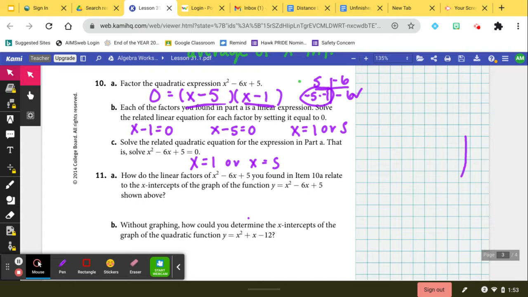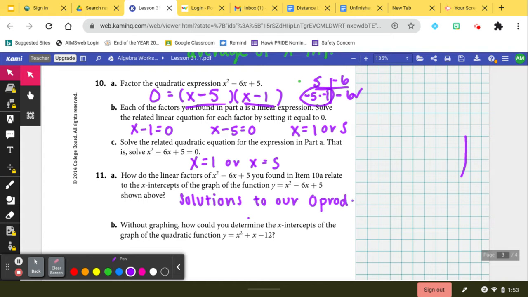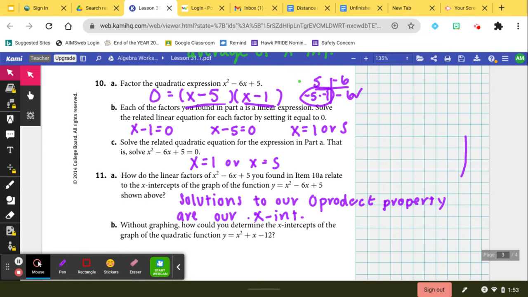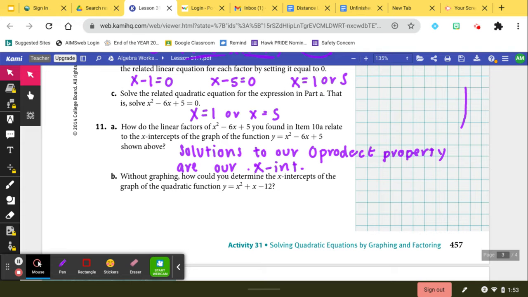Really it's just saying that our solutions to our zero product property are x-intercepts. So our x-intercepts are our solutions to our quadratic equations.